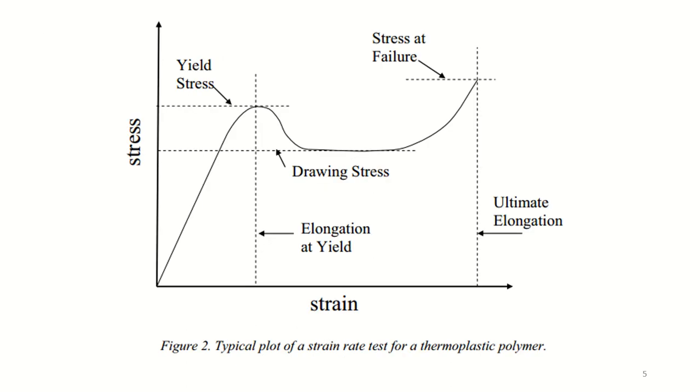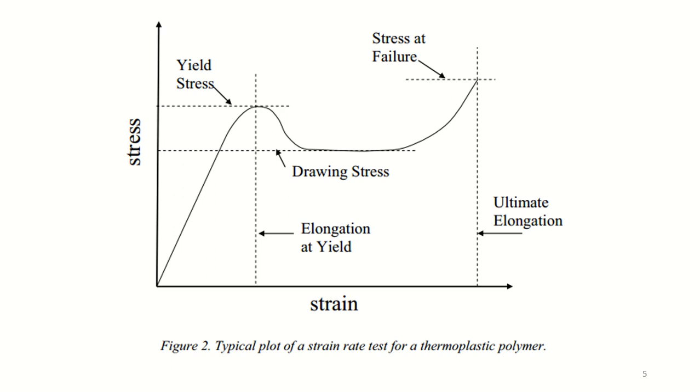One finds in figure 2 the typical strain stress plot obtained from a thermoplastic polymer. In this case, after the linear region, there is a wide range of non-linear behavior where creep is involved.